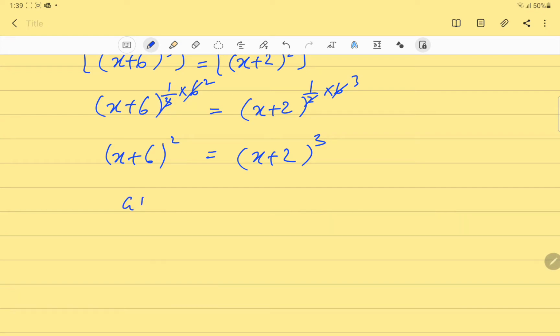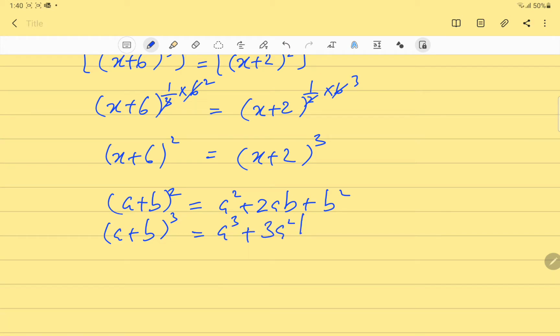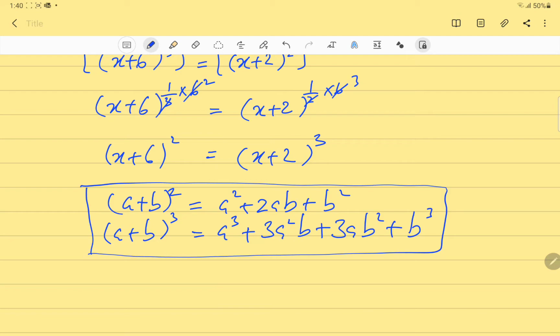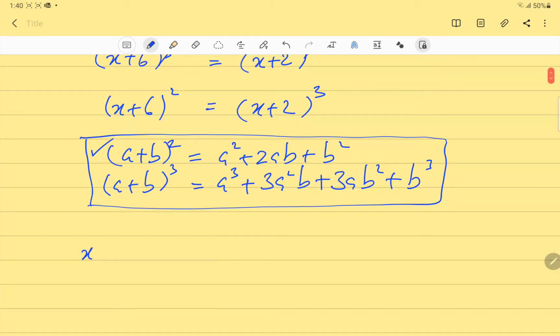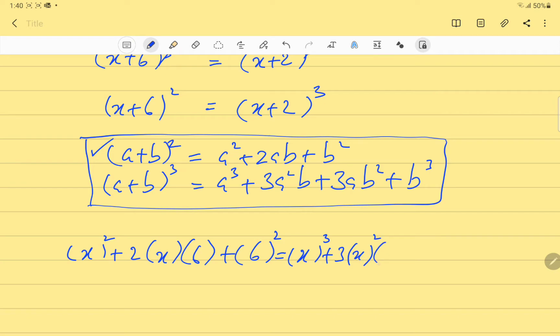Now we will be using these two formulas. A plus b squared is equal to a squared plus 2ab plus b squared, and a plus b cubed is equal to a cubed plus 3a squared b plus 3ab squared plus b cubed. On the left side we will use the first formula, so we will write x squared plus 2 into x into 6 plus square of 6, and on the right side x cubed plus 3 into x squared into 2 plus 3 into x into square of 2 plus cube of 2.